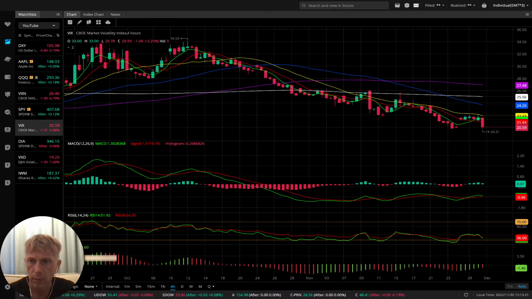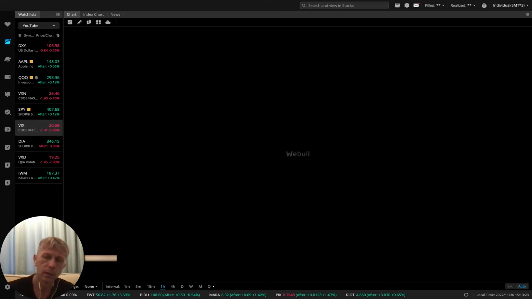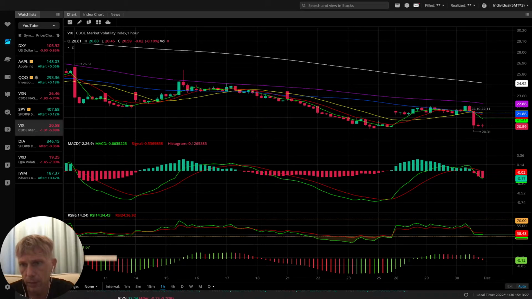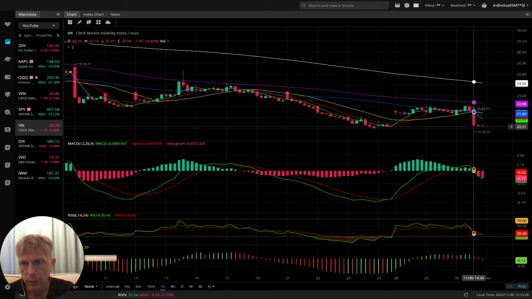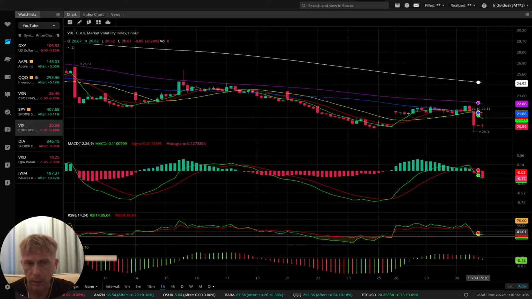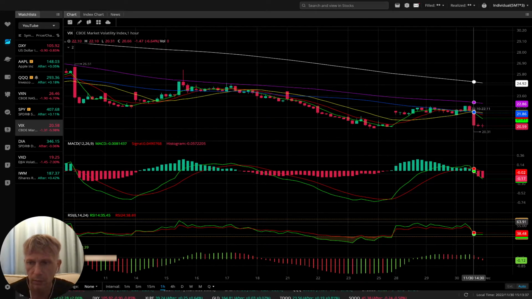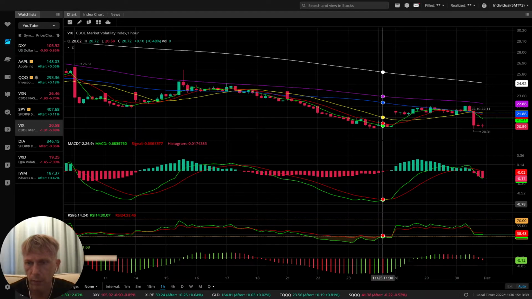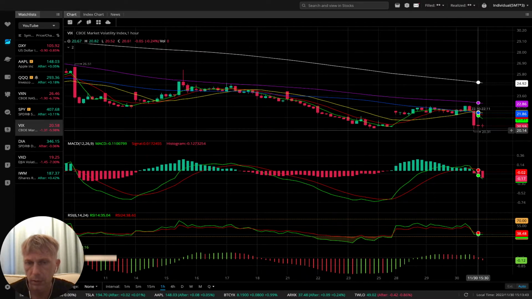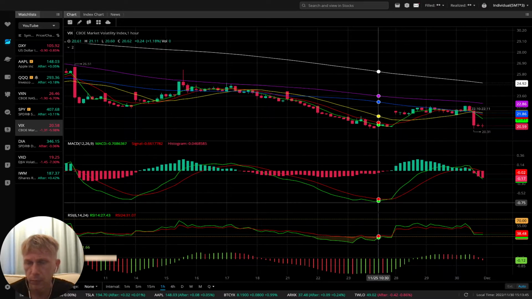Let's move to 1 hour. 1 hour, yeah, same story. Bearish signal, bearish crossover on all indicators, MACD, oscillator, RSI, bearish signal everywhere, with bullish divergence. Look at it, this trend bearish, this uptrend, right?